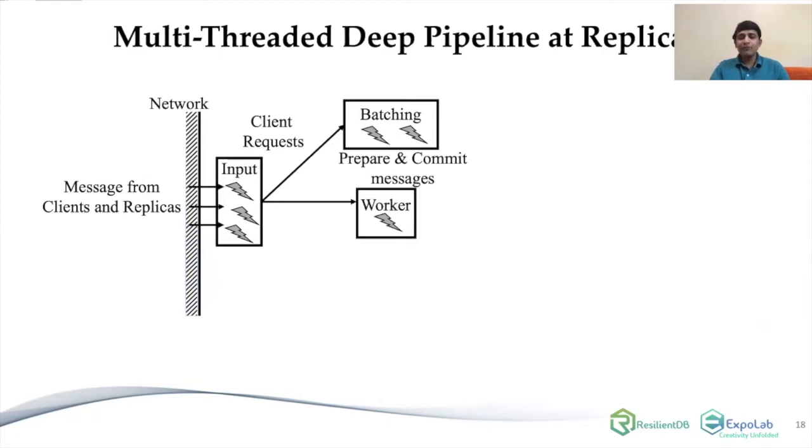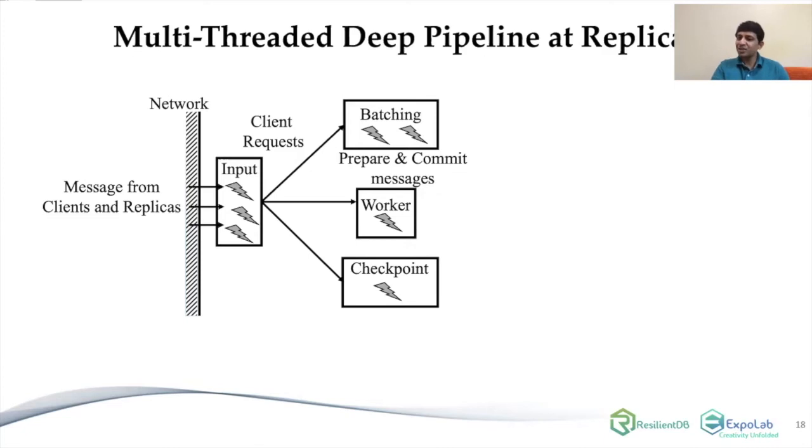Then, if there are different types of messages required for consensus, like if we just talk about the simple PBFT protocol, in a PBFT protocol there are messages like prepare and commit, and there's a worker thread which manages these messages. And obviously, while running any consensus protocol, periodically we have to checkpoint the system. We have to see if all the replicas are in the same state or not.